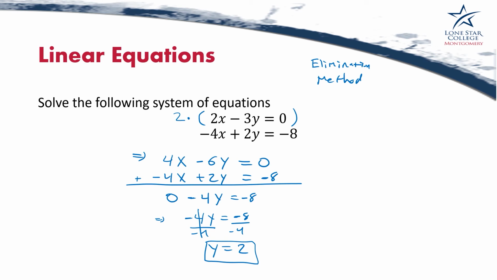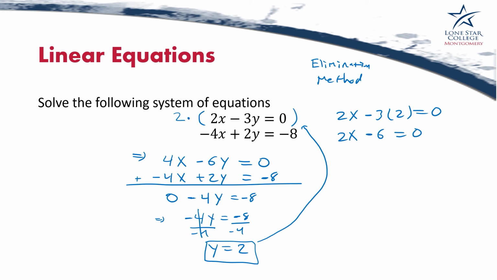Now we need to solve for x as well, just like the question before. So we can take this y and plug it back into either one. To make it easier for ourselves, we plug it into the first one, 2x minus 3y equals 0. So this is now 2x minus 3 times y, which is 2 we just found, equals 0. Simplify, 2x minus 6 equals 0.